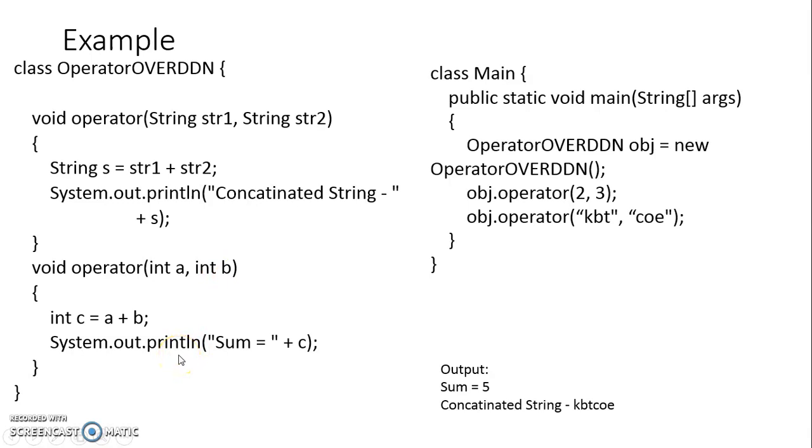So I think I have cleared with the ideas of the two types of polymorphism, static and dynamic, in which we have seen 3 examples of method overloading, then runtime polymorphism, and we have seen the example of how to overload the operator. So we have overloaded plus symbol in this example.